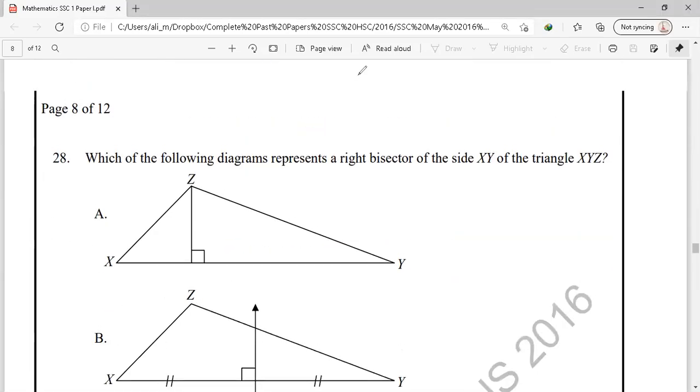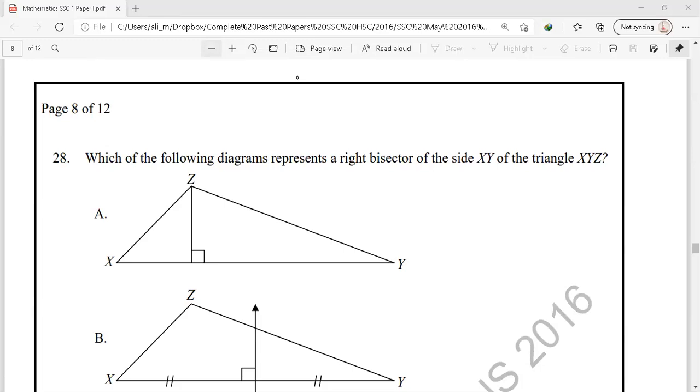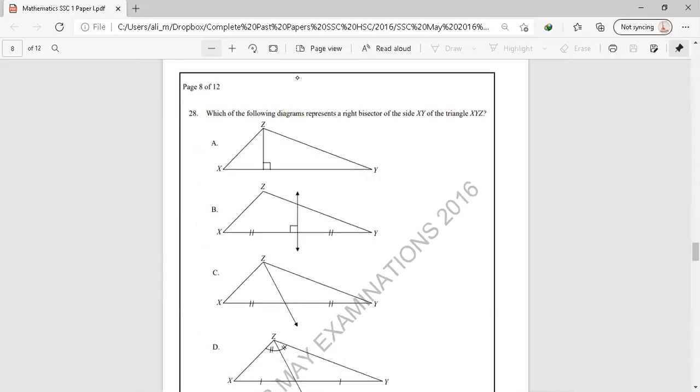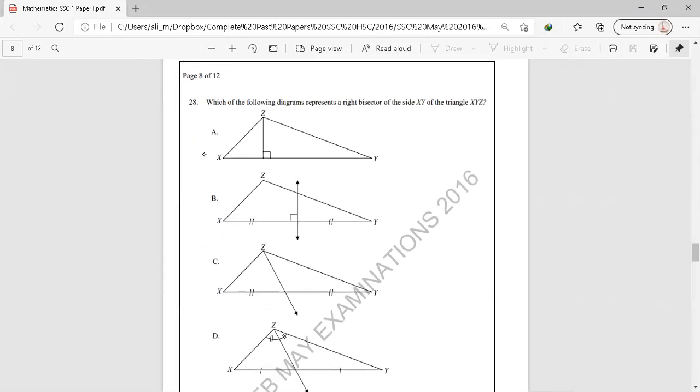Then let's see question number 28. In question number 28, we have four diagrams, and among those four diagrams, we have to identify the right bisector.